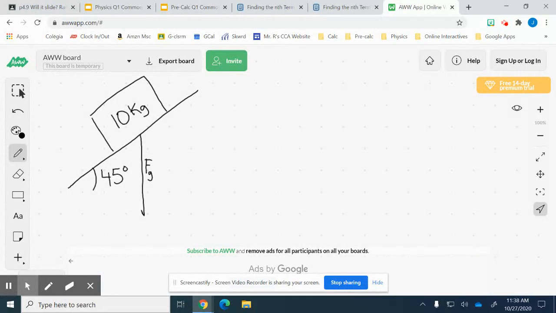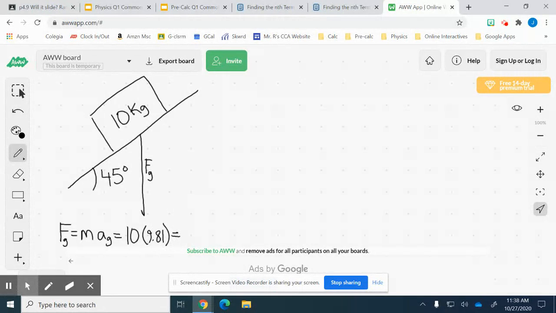We know that the force of gravity equals what? The force of gravity equals the mass of an object times the acceleration of gravity. So it's going to equal the mass of our object, 10, times the acceleration due to gravity, 9.81 meters per second squared.